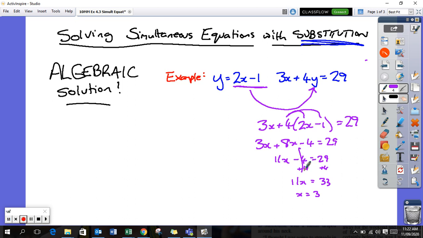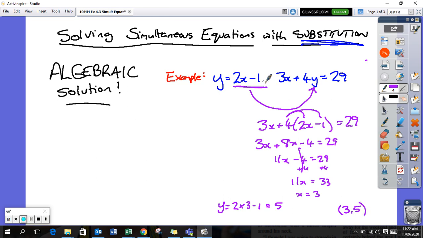So that's what x is, but we need to find x and y. So we go back to this first equation and we write y equals 2 times 3 minus 1, putting the 3 in instead of the x, because now we know that x equals 3. 2 times 3 is 6 minus 1 is 5. So our solution to that equation is 3, 5.